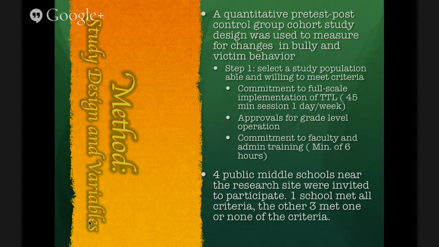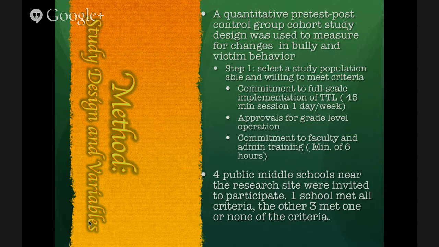A quantitative pre-test post-test control group cohort study design was used to measure the change in bullying and victim behavior. Step one was to select a study population able and willing to meet the criteria, which included commitment to the full-scale implementation of TTL, approval for grade level operation, and commitment to faculty and admin training.